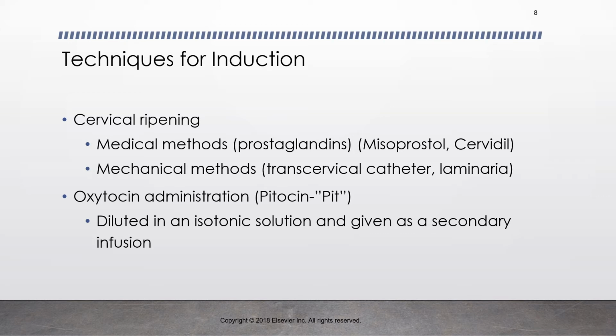We also have mechanical methods. We call these transcervical catheters. You'll hear nurses call it a Foley bulb. It's very commonly used, and it's a whole lot like a Foley catheter. It's a bulb that is inserted into an already possibly dilated cervix.